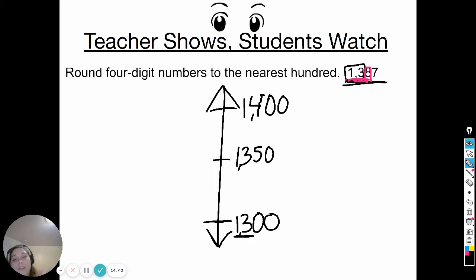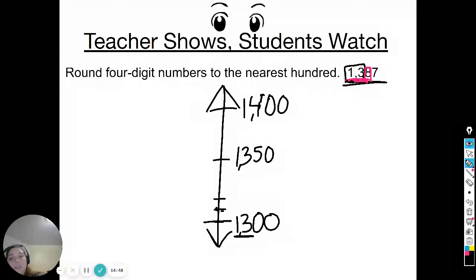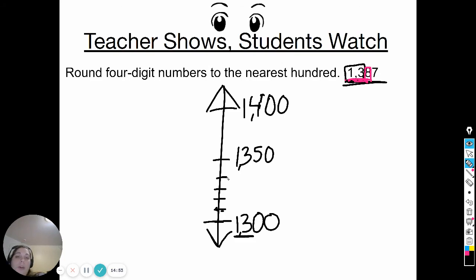We're already at 1,300, 1,310, 1,320, 1,330, 1,340. There's already a mark for 1,350, 1,360, 1,370, 1,380.